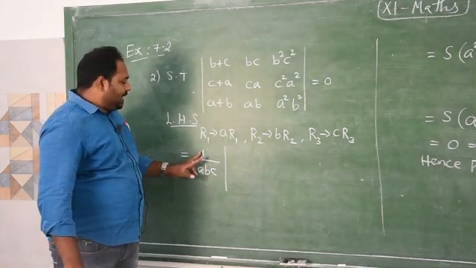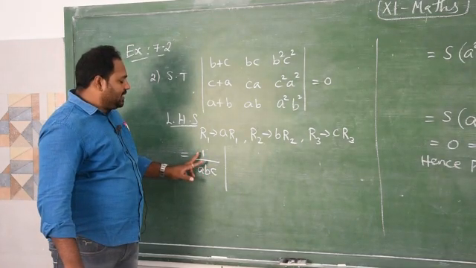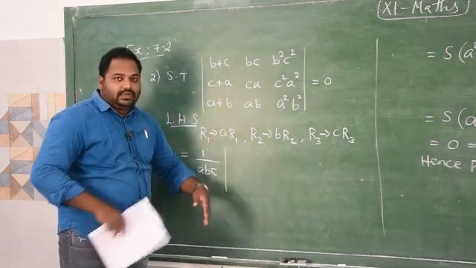So anyway, I am just taking the numerator A, B, C inside the rows.